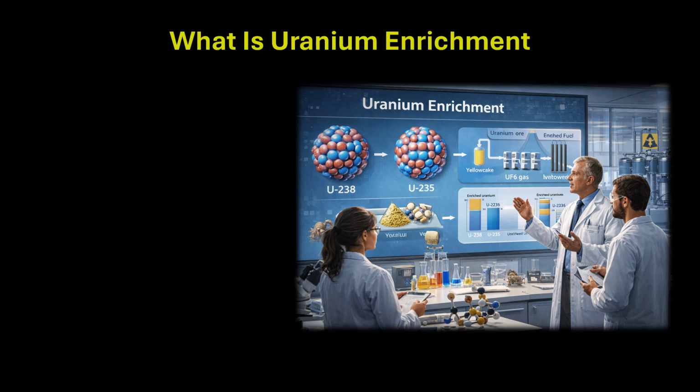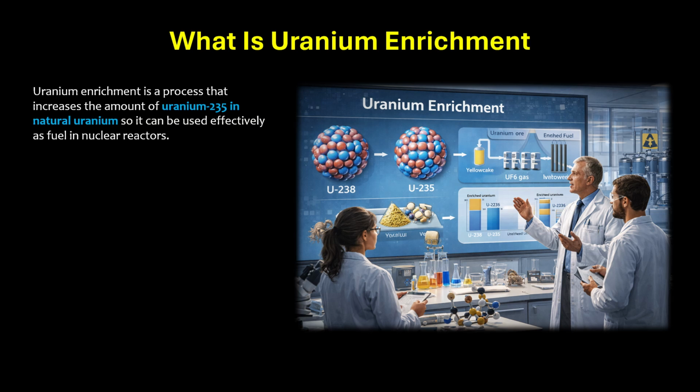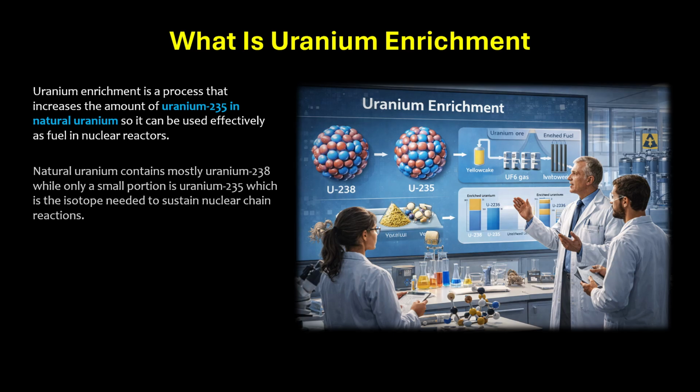What is uranium enrichment? Uranium enrichment is a process that increases the amount of uranium-235 in natural uranium, so it can be used effectively as fuel in nuclear reactors. Natural uranium contains mostly uranium-238, while only a small portion is uranium-235, which is the isotope needed to sustain nuclear chain reactions.